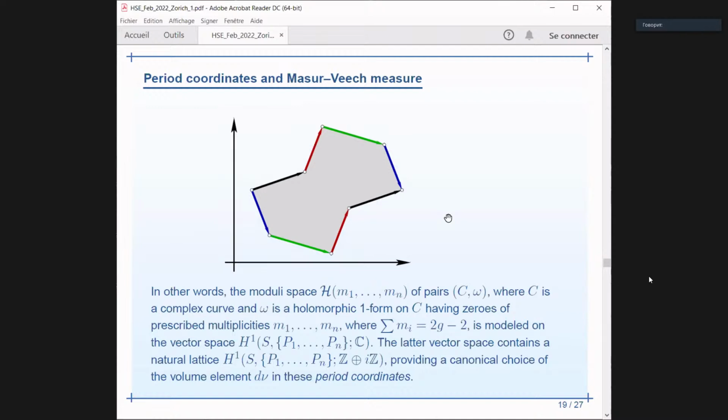So these vectors considered as complex numbers are periods of our holomorphic one form, where we consider not only periods with respect to closed curves, but also with respect to paths joining zeros. So basically, we get an element of the first cohomology of our surface relative to the collection of zeros with complex coefficients. Yeah, but here n is just equal to 1 because you have a single zero, yeah? Yes, in this particular case, I have a single zero, so n is equal to 1, yes.